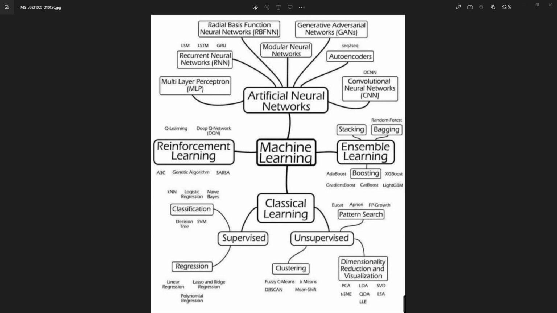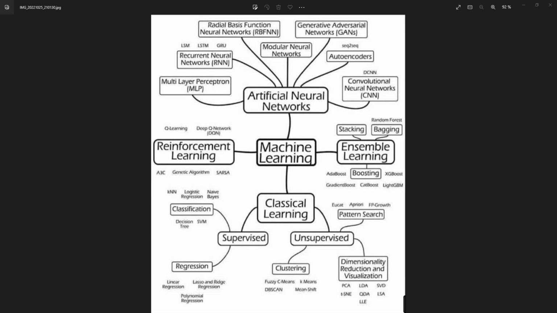The GANs are used in image generation, where you can really generate a new face of people that don't even exist, or totally new patterns which you can generate from scratch.